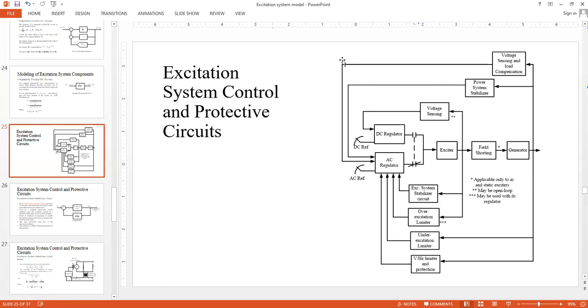So to prevent the reverse current flow through the diode or through, let's say, SCRs in the rectifier block of this excitation system, we can implement the field shorting. There are several mechanisms. If you want to go into detail on field shorting, you can go through the Prabha Kundur book. You will find probably 2 or 3 methods mentioned there.